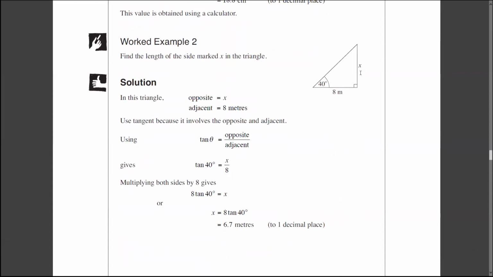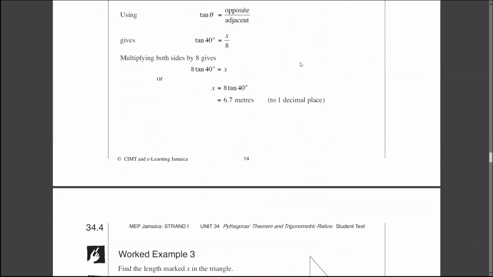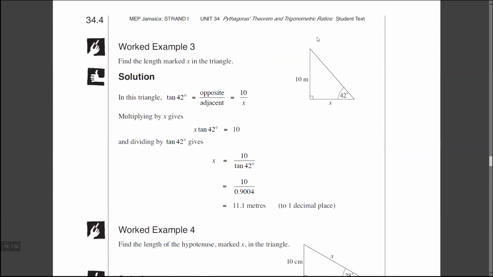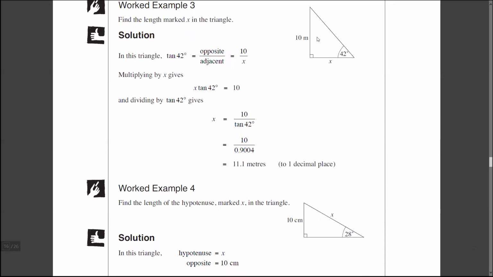So find the length again. Check this out. Opposite and adjacent, we have the angle. What relates the opposite and the adjacent? Tangent, right? So tan theta is equal to the opposite over the adjacent. So tan 40 equals opposite over adjacent, solve for x, multiply both sides by 8. And it goes on.